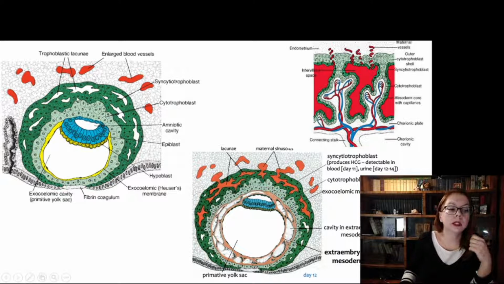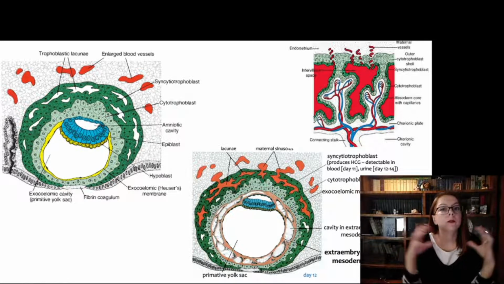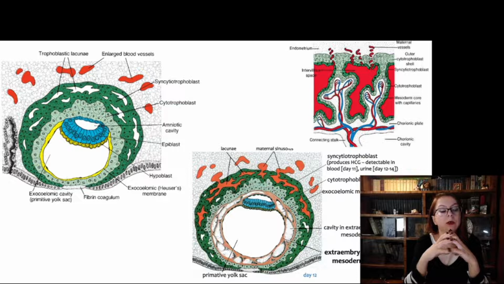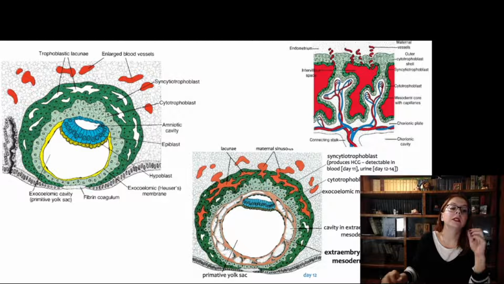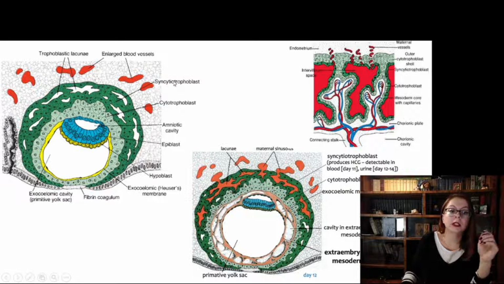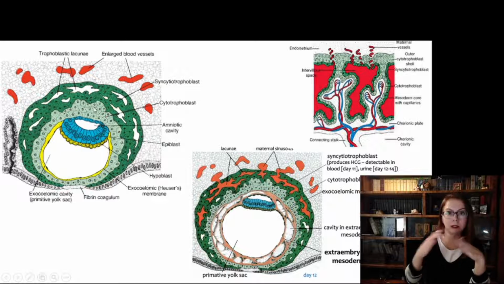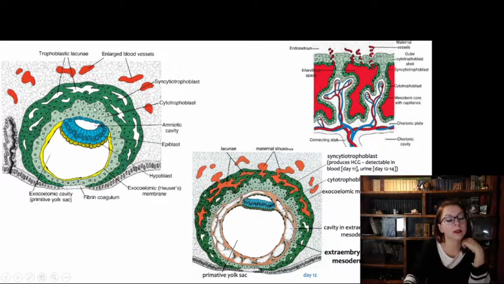The outermost layer is formed by fusion of cells. So this is a multinucleated structure, which is called syncytial trophoblast. Here the name is syncytial. So syn means common, cytio means cells. So the fusion of cells is implied. So here the cells are fused. In the cytotrophoblast, cells are still bordered one from another.